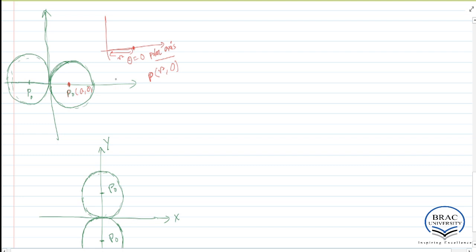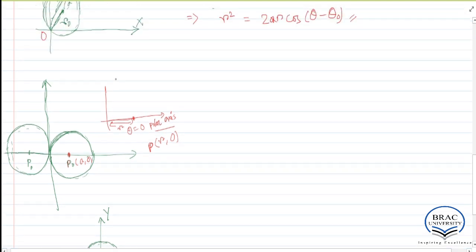Now we can write our equation as r equals twice a cosine of theta minus theta naught. For this case, when the circle is on the positive x-axis, the equation becomes r equals twice a cosine of theta.